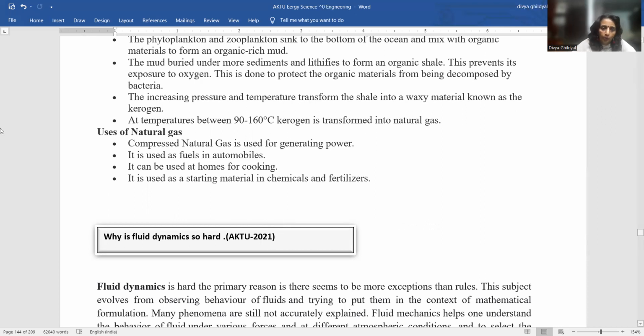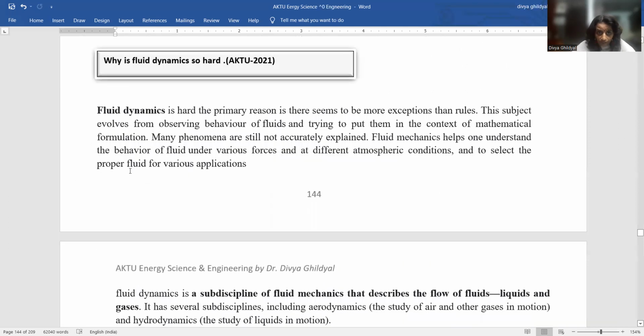Okay, fluid. The question asked in your paper was a 10-mark question. Why is fluid dynamics so hard? Now, listen carefully. Fluid dynamics, we cannot directly say, results in the generation of electricity or power or energy.